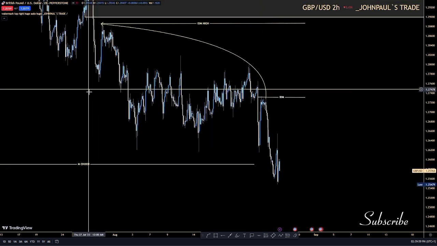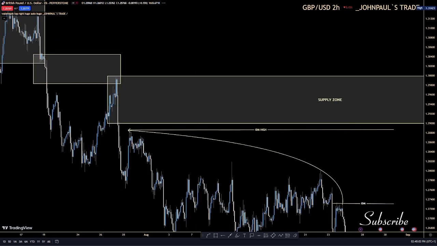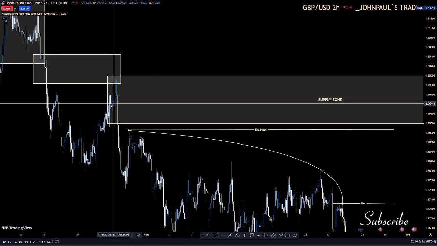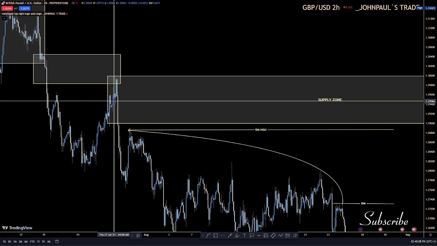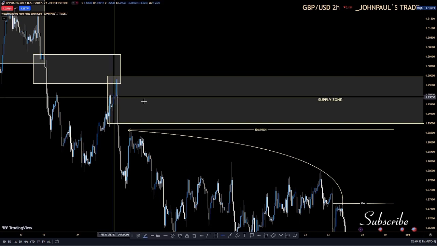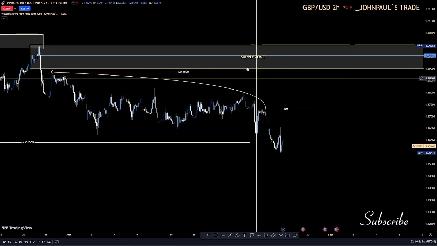So any buy you are targeting on GBPUSD, you can easily hold it all the way to that point. But before that, it has to change character first. Okay, it has to change character before you will confirm the buy, or before you will take the buy all the way over to that point.